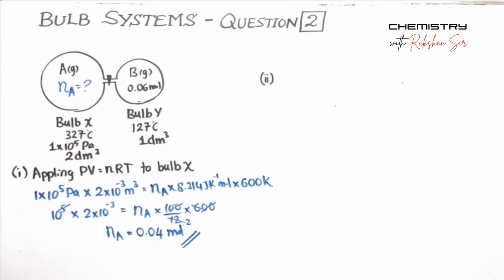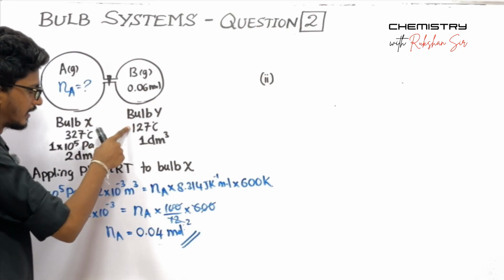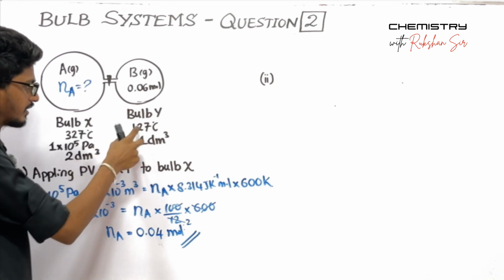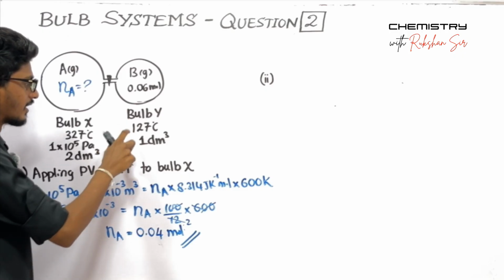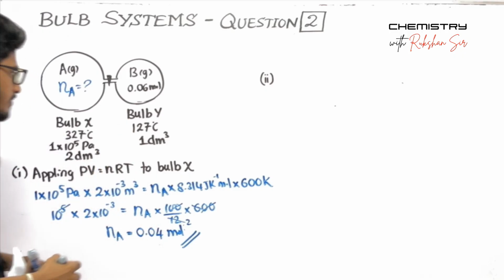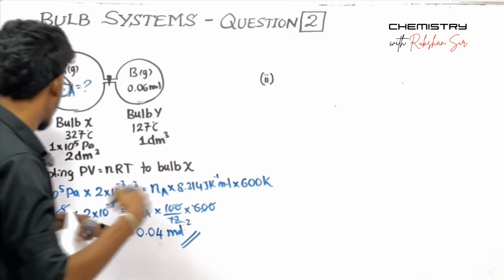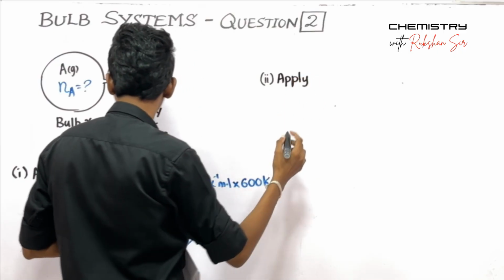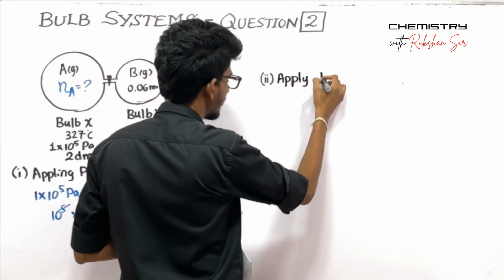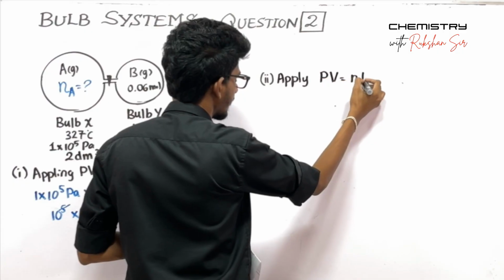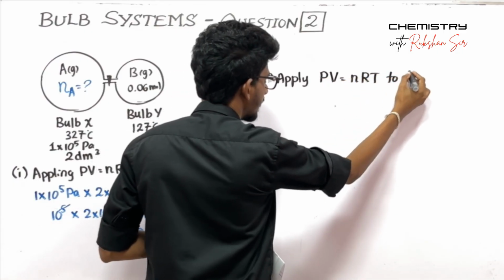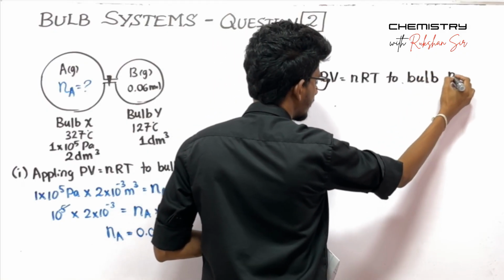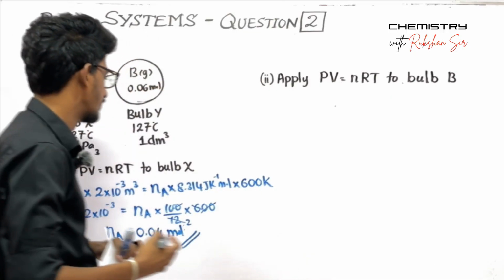So we can use these 3 data to come up with the unknown P. That is what we need to find out. So let's apply PV equals nRT to bulb B.